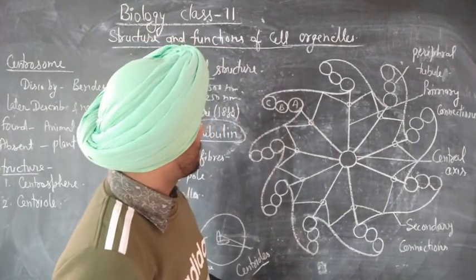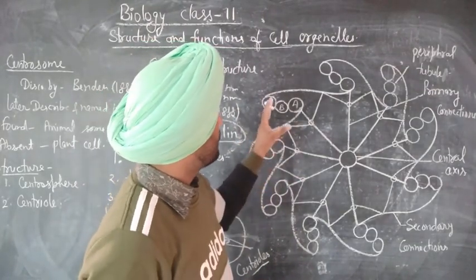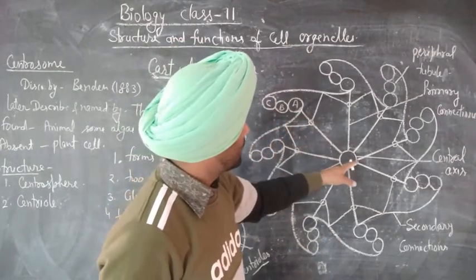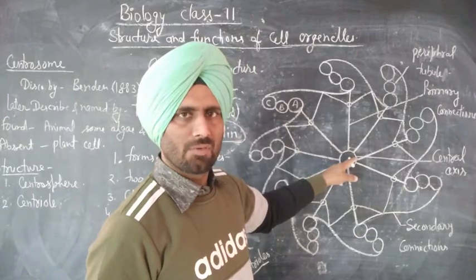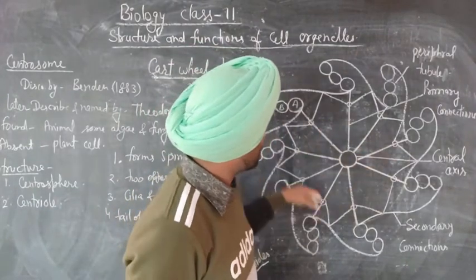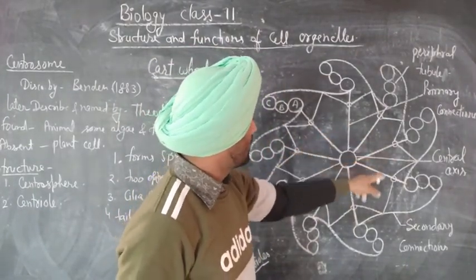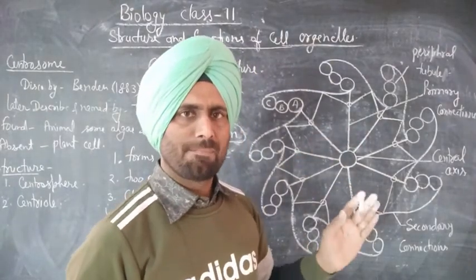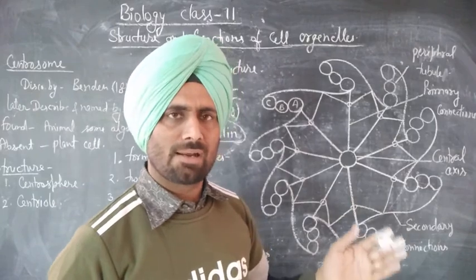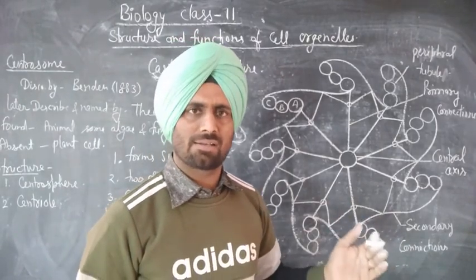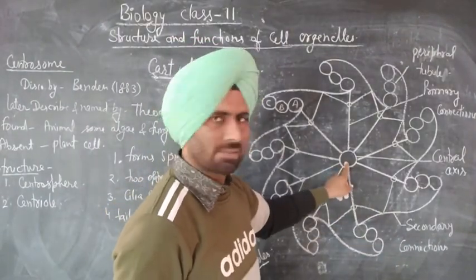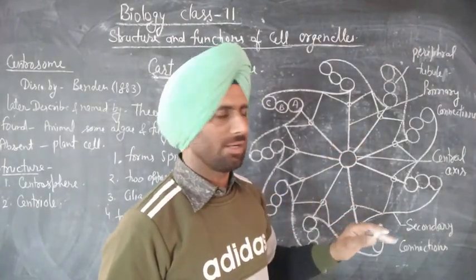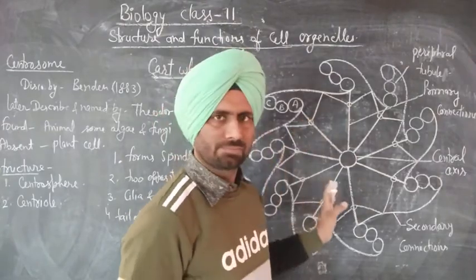These peripheral tubules are interconnected to the central axis with 9 radial spokes. With the help of the 9 radial spokes, the peripheral triplets are attached to the central axis, and they also remain interconnected to each other.